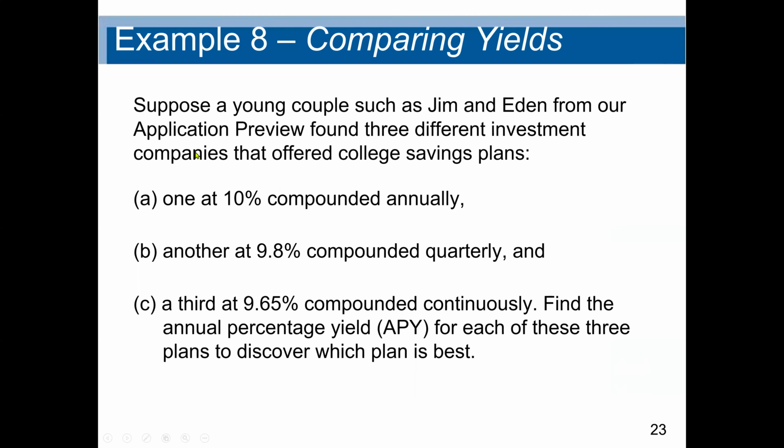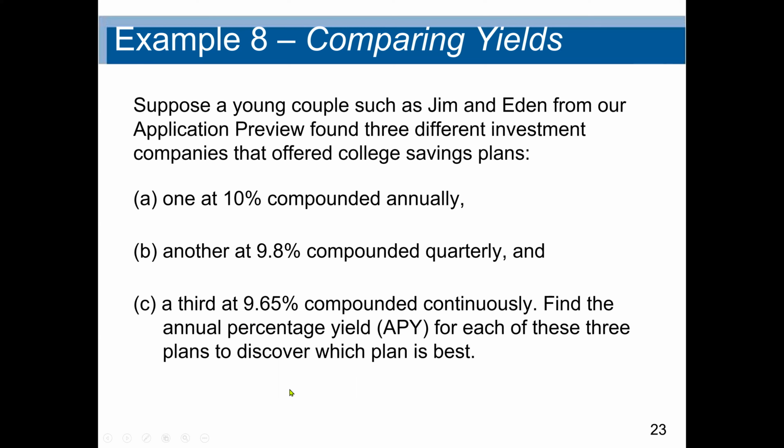Now we have another question. Suppose a young couple, such as Jim and Eddie from our application preview, found 3 different investment companies that offer college savings plans. The first one is at 10% compounded annually, another at 9.8% compounded quarterly, and the third at 9.65% compounded continuously.